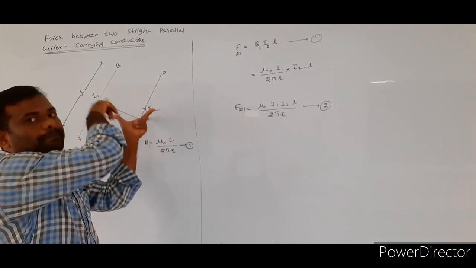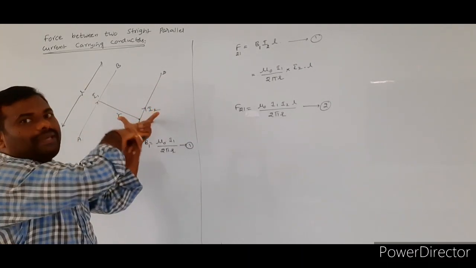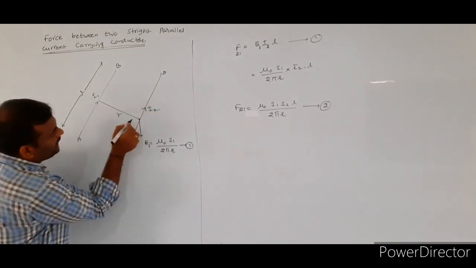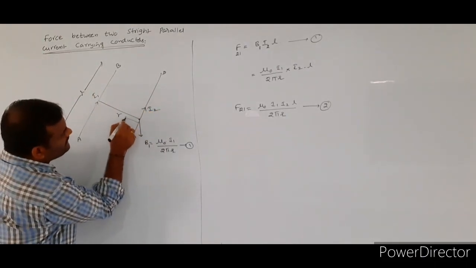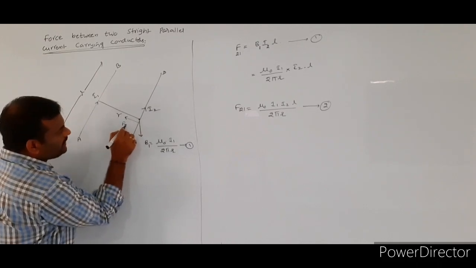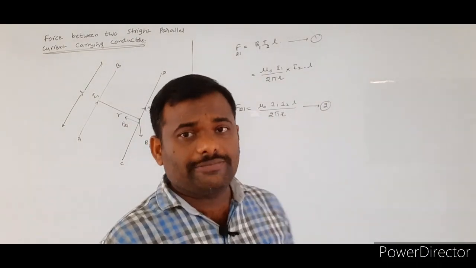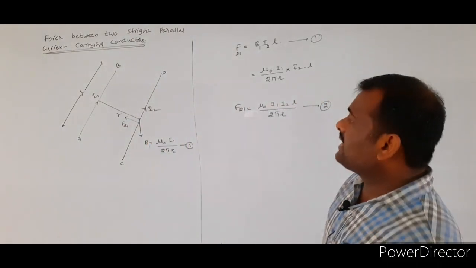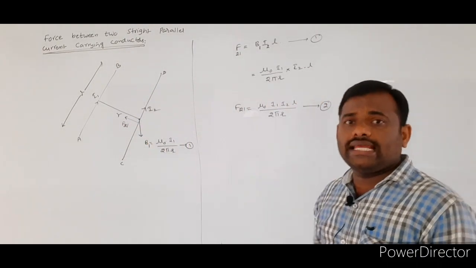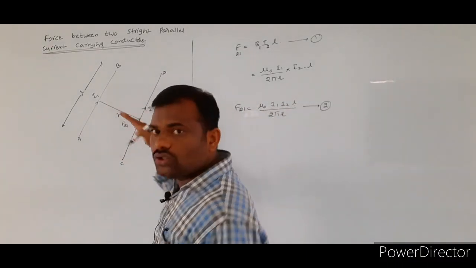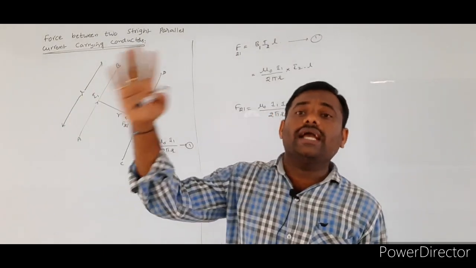So my thumb is directed towards what? The first current carrying conductor. So the force experienced by the second current carrying conductor due to the first current carrying conductor is acting towards the first current carrying conductor.